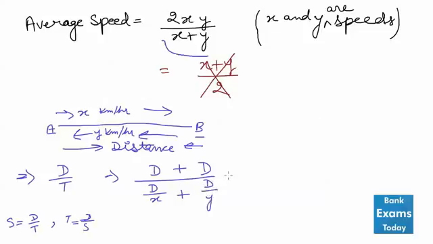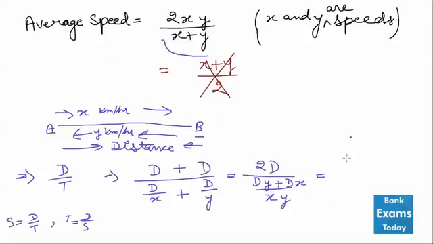So it becomes 2D over (Dy plus Dx) over xy. So it becomes 2D over D common, y plus x, and take xy above. So D is cancelled here. So what comes out?